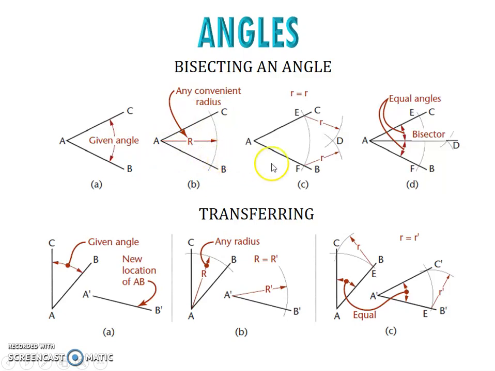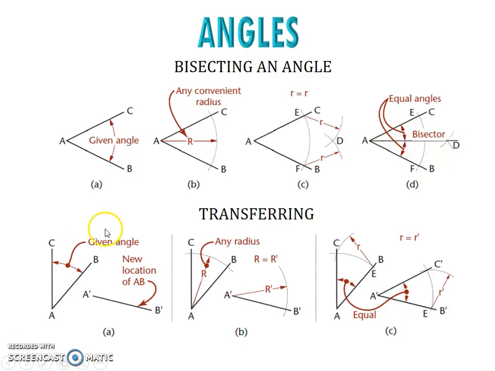Then you can use any radius, maybe a smaller one, and put it at point F and construct one arc, then using the same radius, put it at E and construct another arc, and you will find the intersection at point D. Once you get this, you can directly connect the lines by using the straight edge.